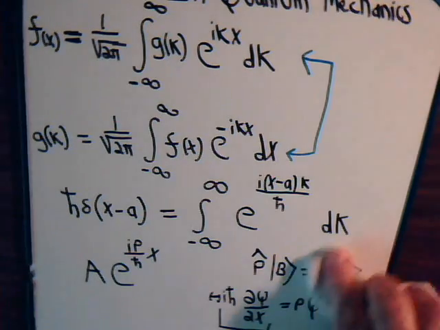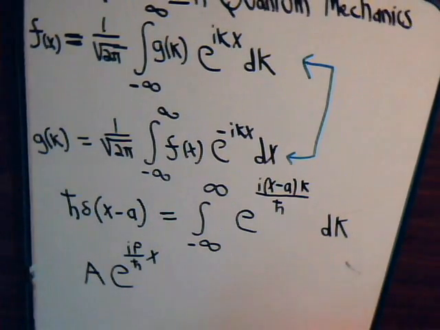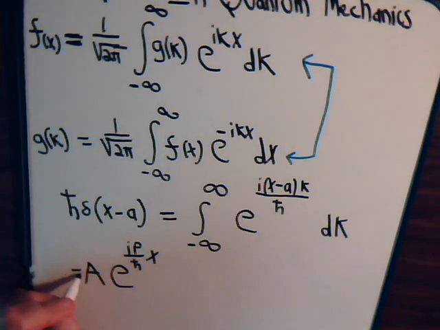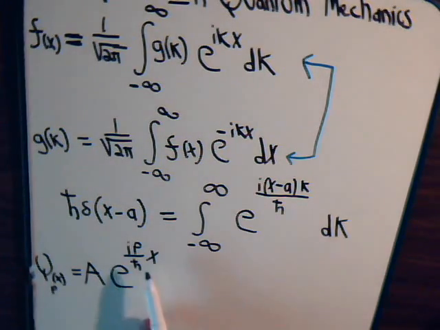So now let's label this. Say this will equal psi p of x, because this is our position here along the x-axis, and this is the eigenvalue corresponding to the momentum operator.